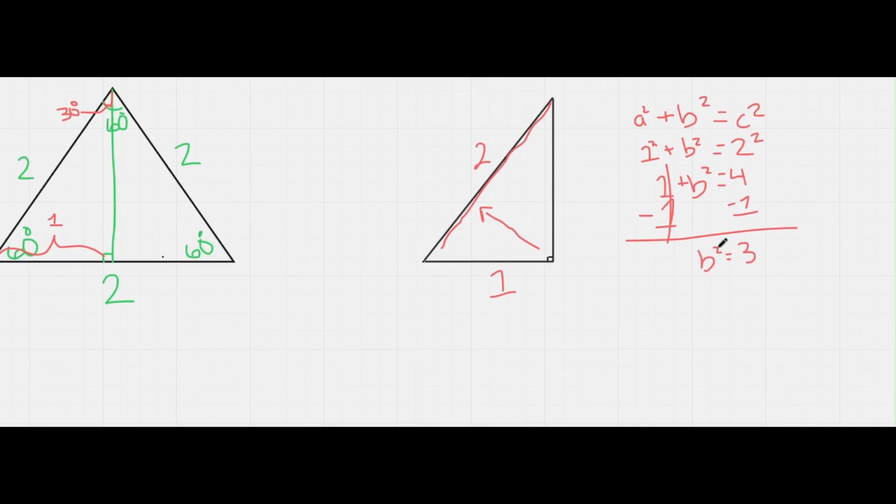To get b by itself, we're going to take the inverse of both sides. So we're going to take the square root of b squared. And what we do to one side of the equal side, we do to the other. We're going to take the square root of 3. So then we're going to just get b is equal to the square root of 3.